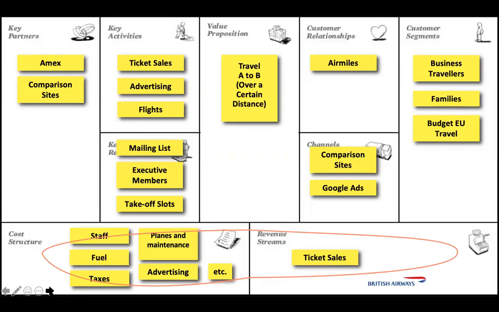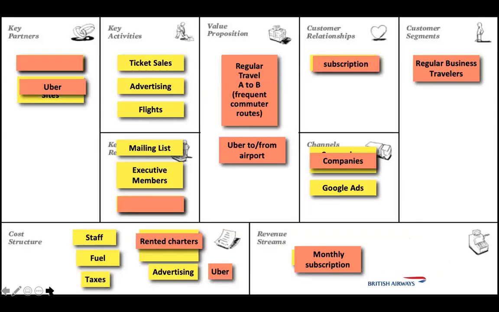So here we're going to examine a different business model that plays on an airline company, but does a completely different thing. So instead of going for any travel from A to B, we're going to pick a very specific value proposition: regular travel on frequent commuter routes.